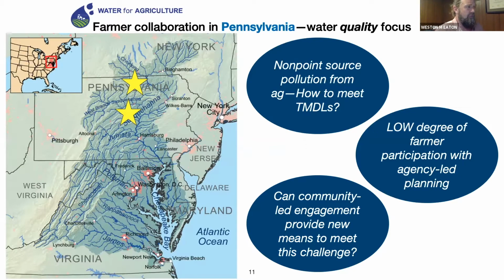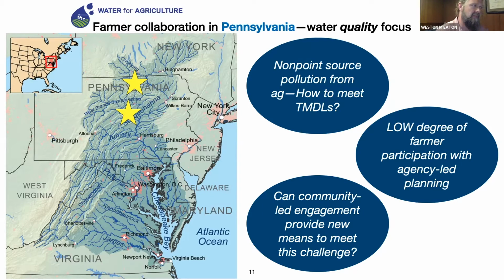Okay, so to orient the issues around water and agriculture in Pennsylvania, to move from some of the quantity and groundwater and nitrate and some of the other issues we're going to be talking about in Nebraska, to water quality around the Chesapeake Bay. Farmers in the Chesapeake Bay watershed, and you can see the watershed here, will tell you, or will be written about, that they feel there's a target on their back, that they're the low-hanging fruit for agencies to blame for the non-point pollution that's still coming down into the Chesapeake Bay.